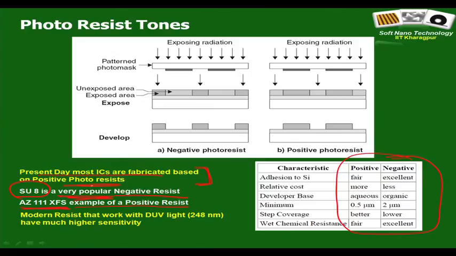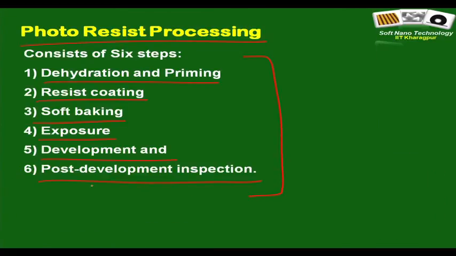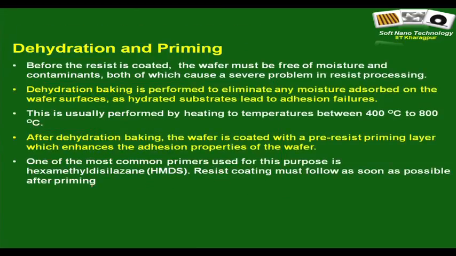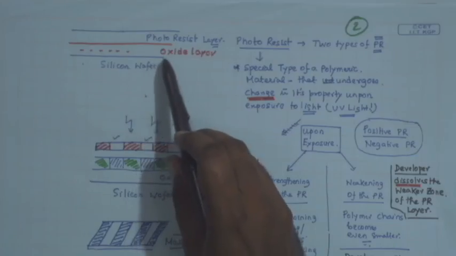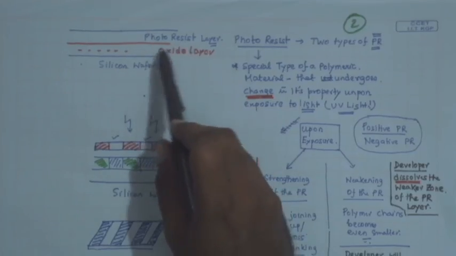Okay, so that is a bit of idea about photoresist, and then we are now ready to discuss photoresist processing steps. So, photoresist is applied through a method called spin coating, which we will discuss. It is going to be applied, if you remember, on this oxide coated silicon wafer on which the photoresist is going to be spin coated.